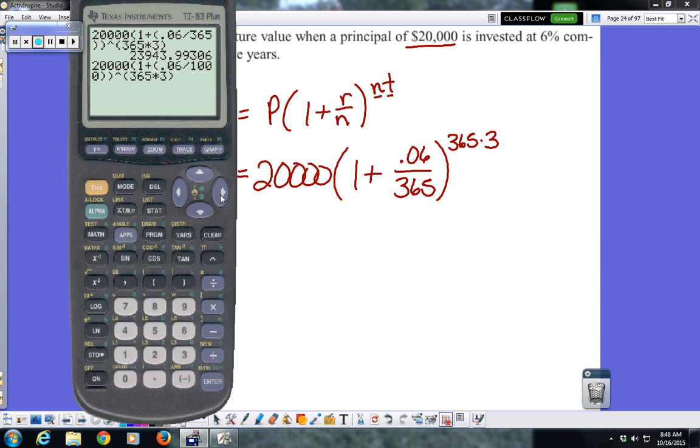Will it make a huge difference in the amount of money that we earn? Not a huge difference. You'll earn an extra $1. Why? Because daily is already pretty often. Well, what if you compound it 1,000,000 times, 1,000,000,000,000 times? We'll get into that in just a second.